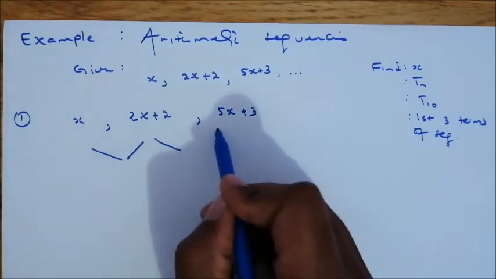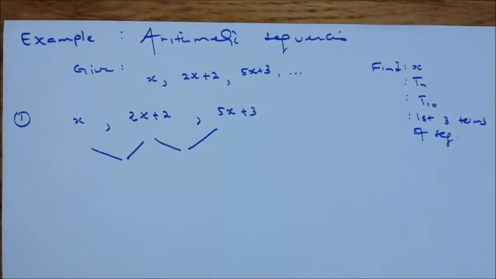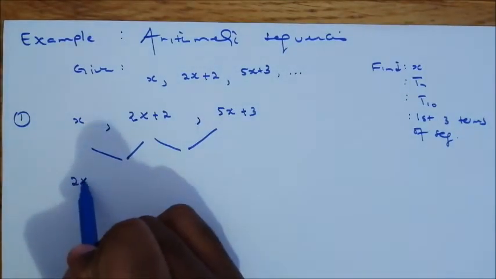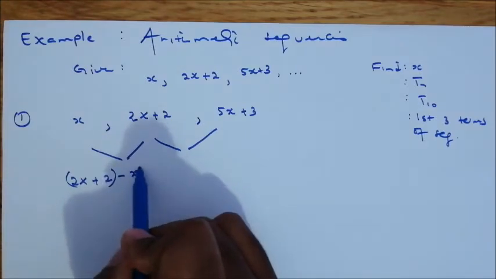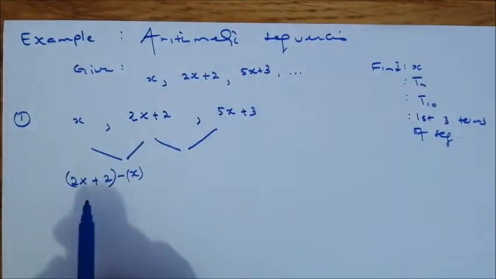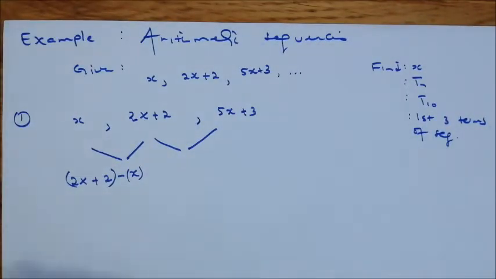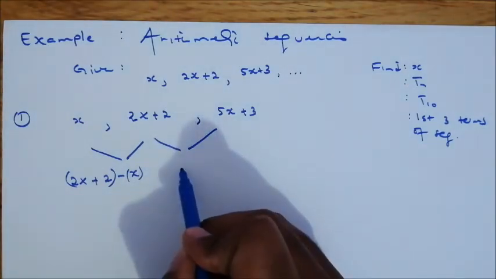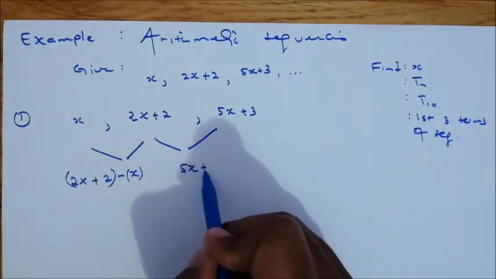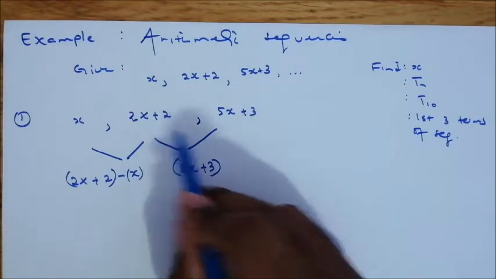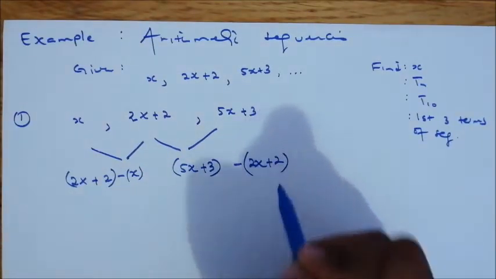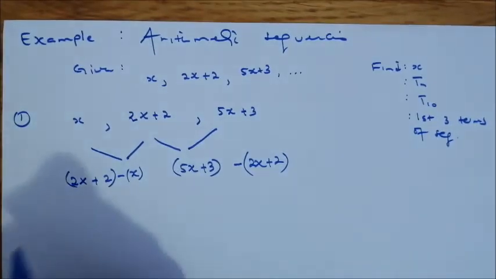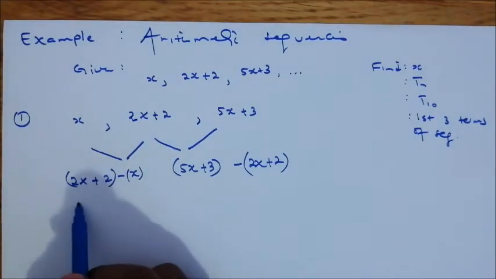So these terms are actually enough to find what we're looking for. So 2x plus 2 minus x, that is going to be the common difference there, which has to equal 5x plus 3, this one minus this one, minus 2x plus 2, right?